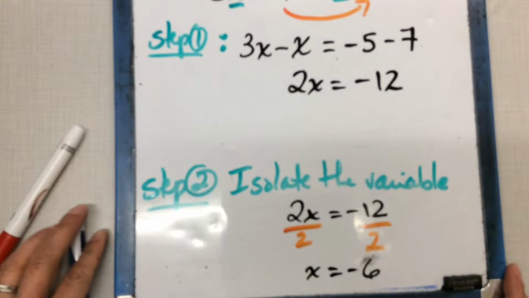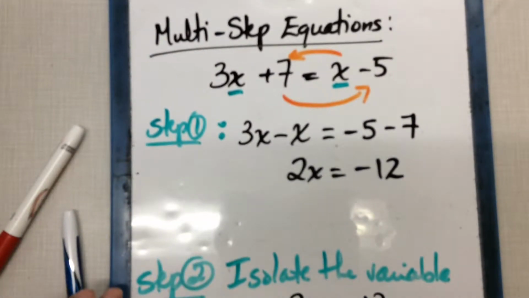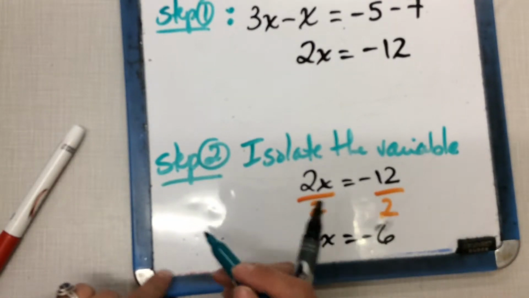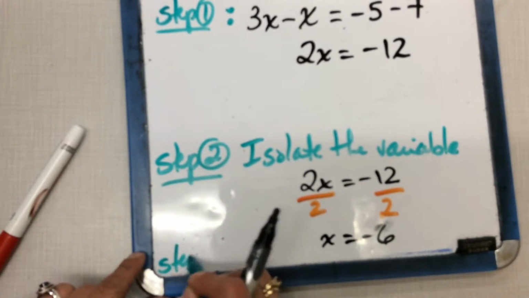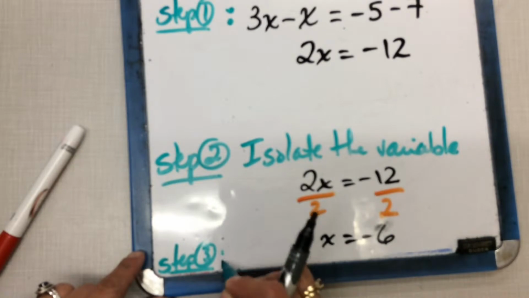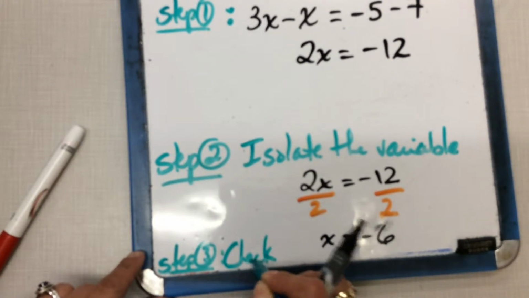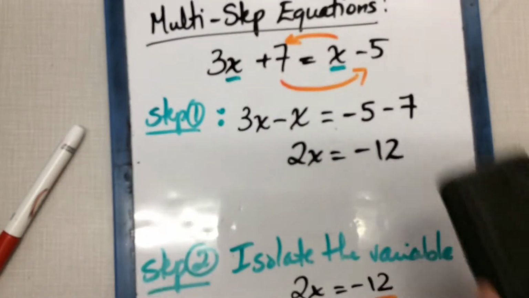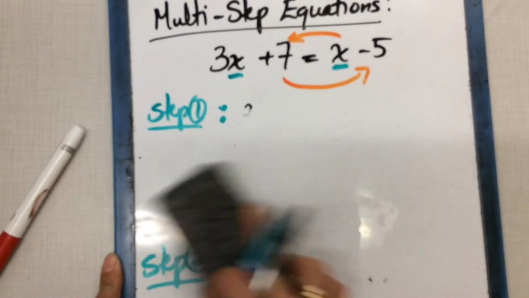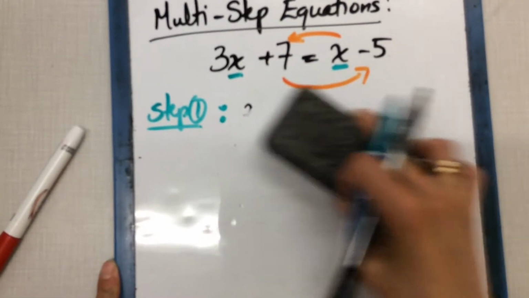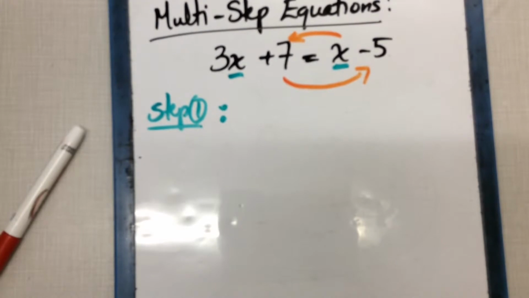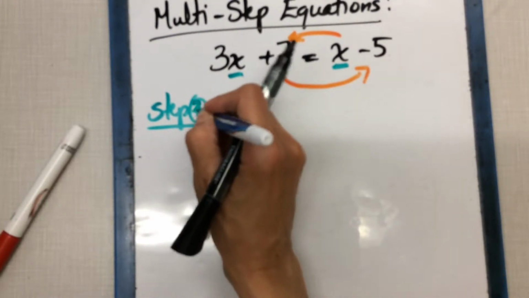Now, let's check this and make sure we did it right. So step 3 would be a formal check. Okay, so let's do step 3 over here.